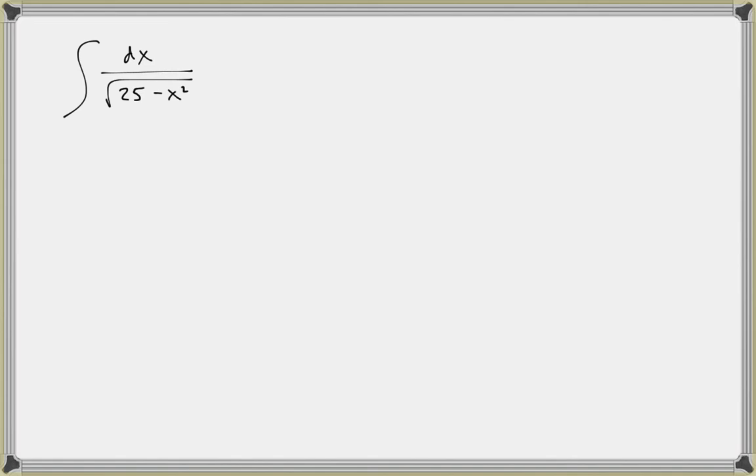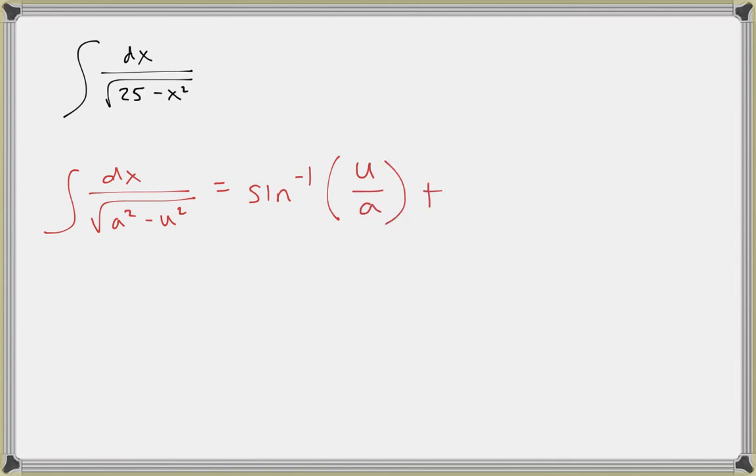The formula that this looks like to me says dx over the square root of a squared minus u squared, and what it says that is, is the arc or inverse sine of u over a plus C. So we just line up our pieces: u is x, so that's nice, and if a squared is 25, a must be 5, and then plus C.